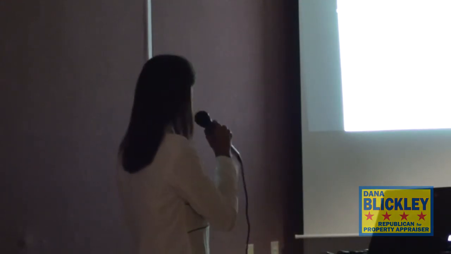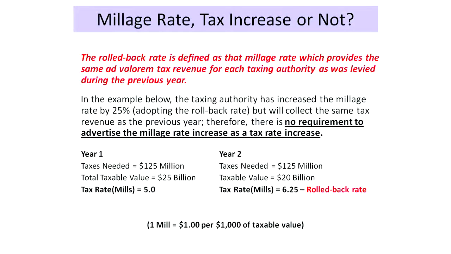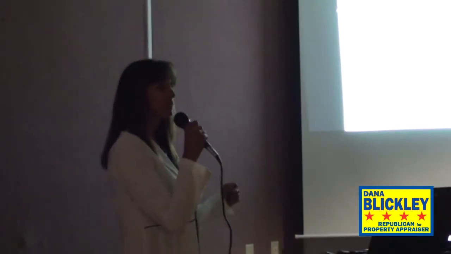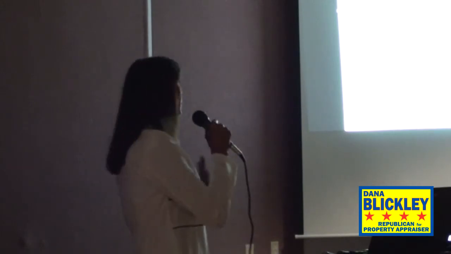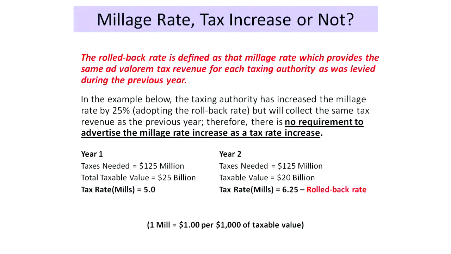This is how it works. Year 1, you have taxes needed as $125 million. That's what the county needs to fund everything that the county wants to fund. You have a total taxable value of $25 billion and your tax rate is 5 mils. So everybody's going to pay $5 on $1,000 of taxable value. Year 2, you still need $125 million.